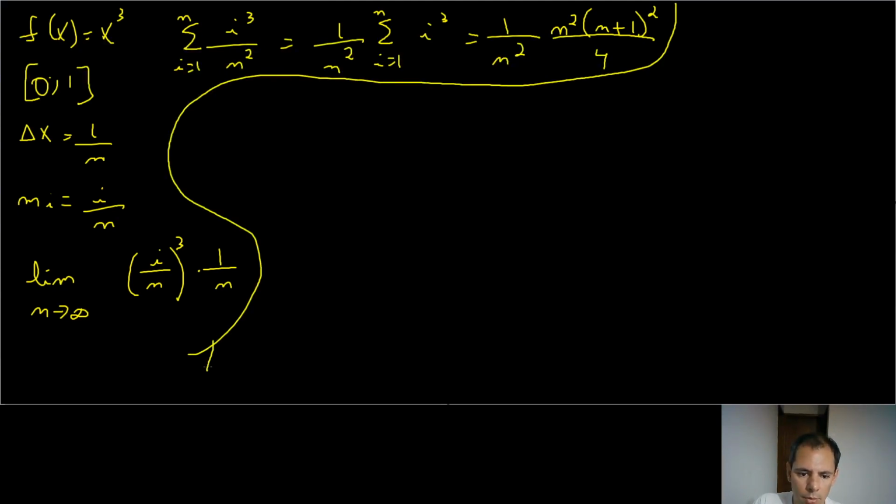So this is going to be equal to 1 divided by n, and then you have an n squared here, which is just going to cancel with this one.